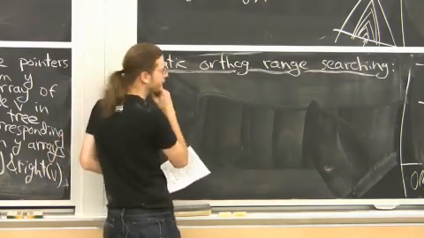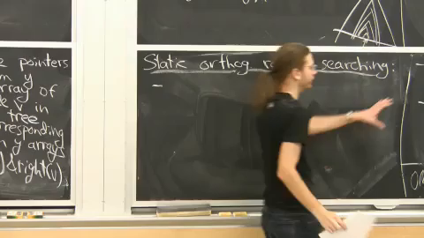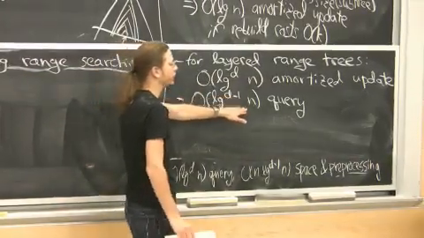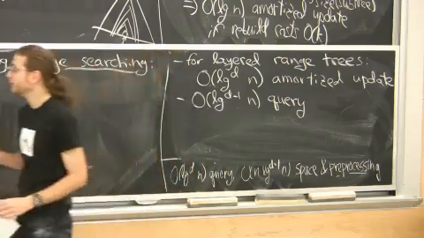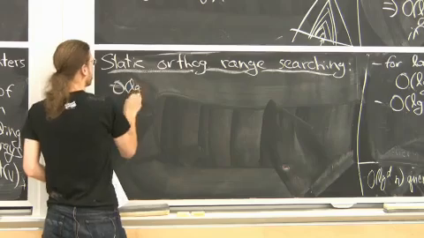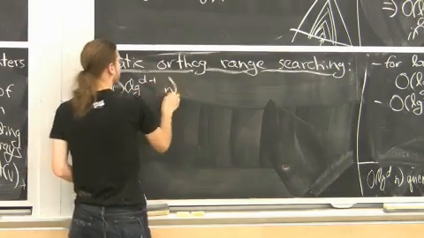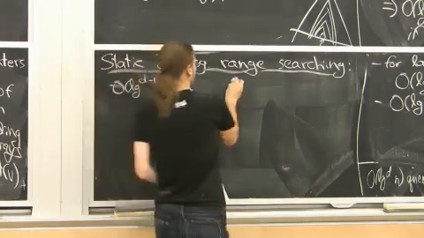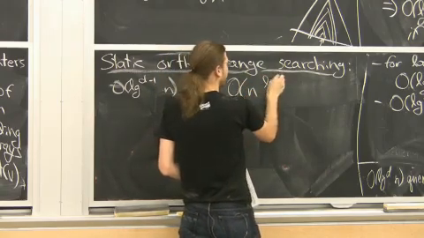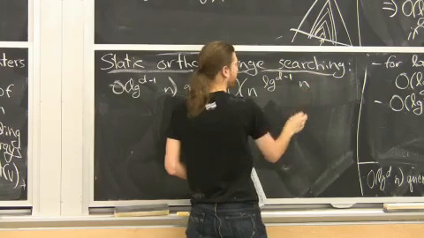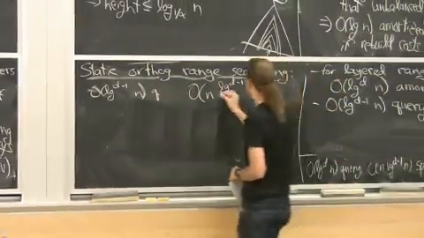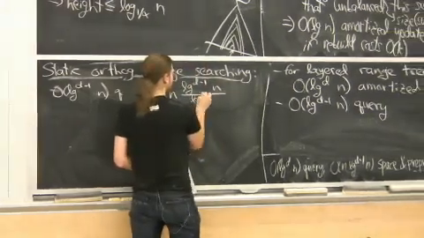You can achieve these same bounds. Oh, sorry, no update. You can achieve the log^(d-1) n query using less space. So I can get log^(d-1) n query and n log^(d-1) n space, that's what we were getting before, divided by log n.